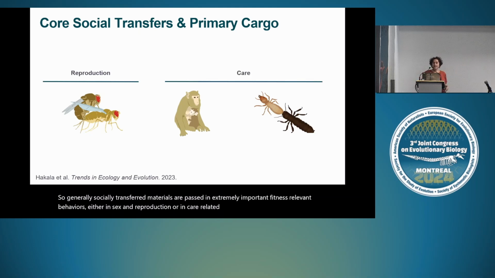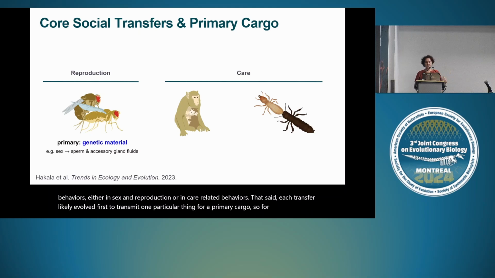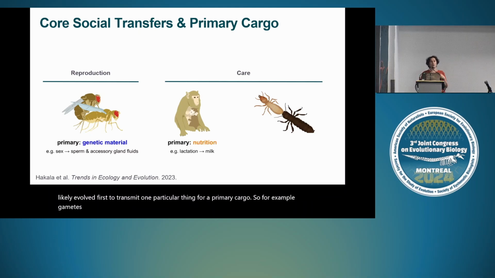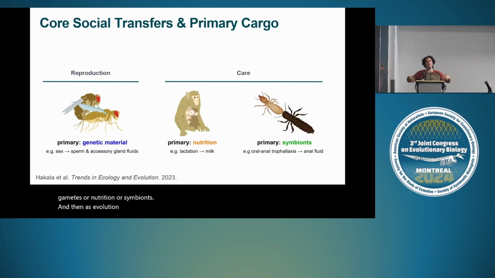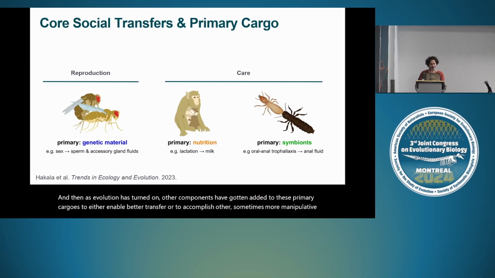That said, each transfer likely evolved first to transmit one particular thing, a primary cargo, for example gametes or nutrition or symbionts. Then as evolution has churned on, other components have gotten added to these primary cargoes to either enable better transfer or to accomplish other, sometimes more manipulative functions.